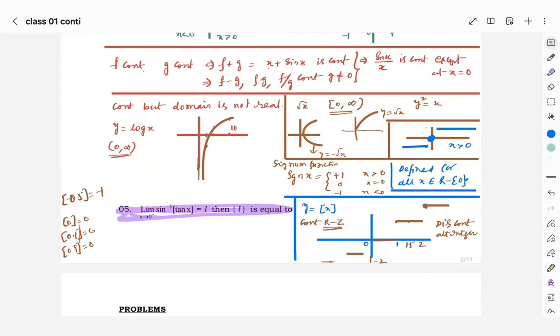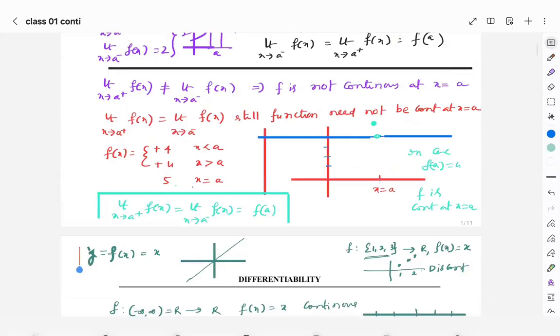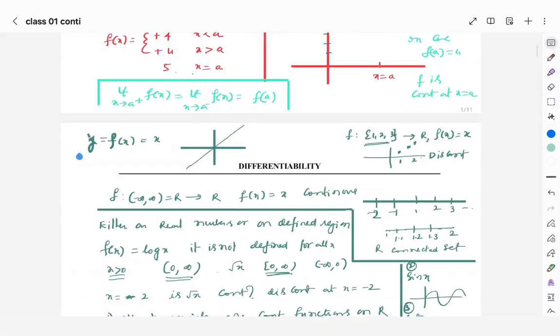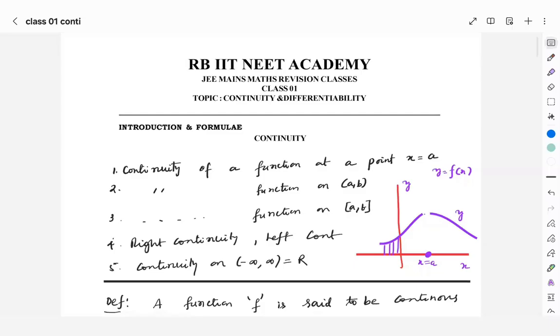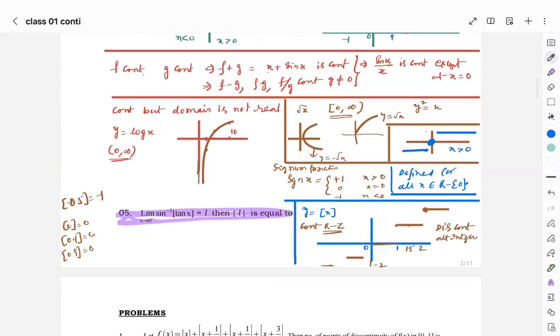And what is meant by, as I discussed in the beginning, a few terms, right continuity. Here actually you have to check the one-sided limits.